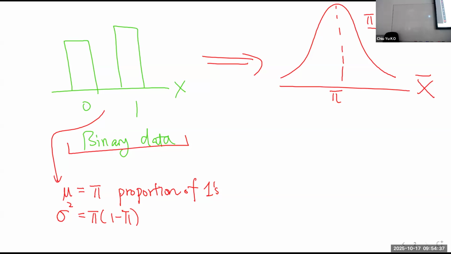I can keep the bell curve if I only have binary data. So the bell curve or central limit theorem will still apply very well without a big problem. That is the main idea, because this is a binomial distribution, so I don't really need the central limit theorem.